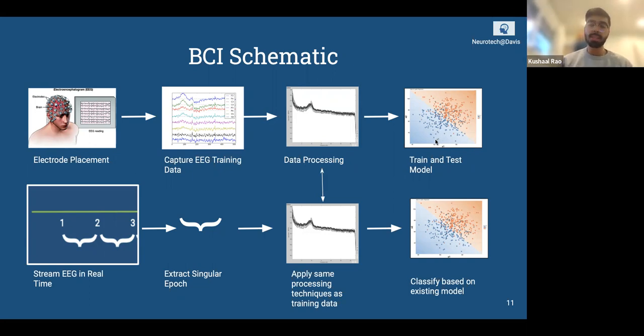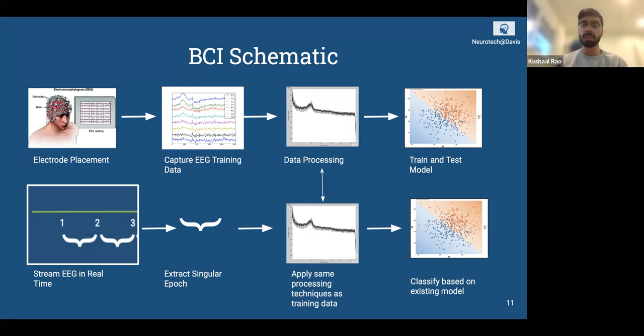Hopefully from this schematic, you can tell that for each epoch you provide, you will essentially be given an output command. And that is why when you overlap the epochs, you are able to generate more outputs per second, which makes it seem as if the BCI is operating in real time.